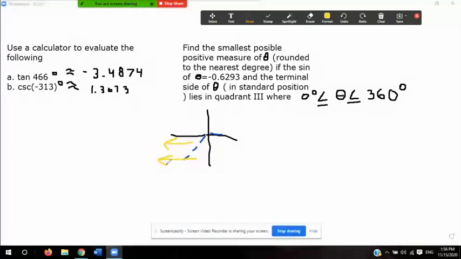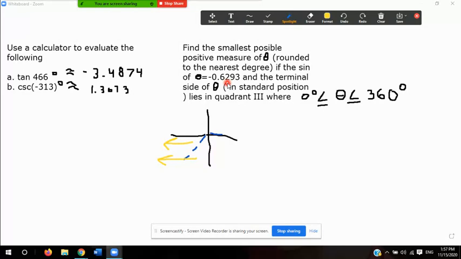Now, when you have a value like negative 0.6293, it's not a special angle. That means it's not 45, 60, or 90 or anything like that. So first of all, we need to find an angle. Once we find that angle, then we're able to find what we're missing.